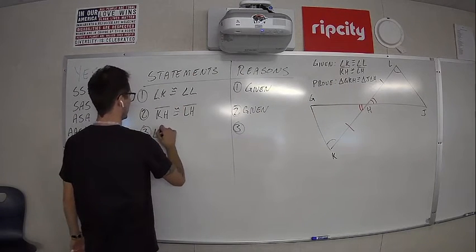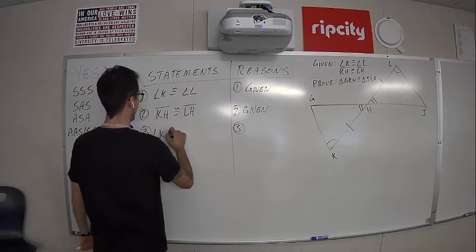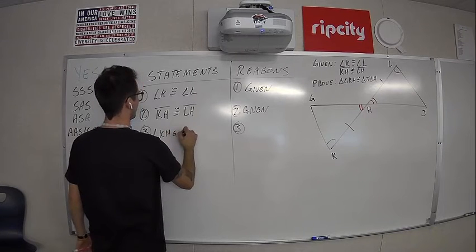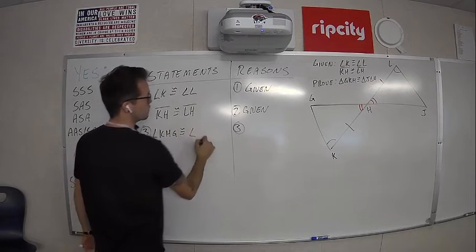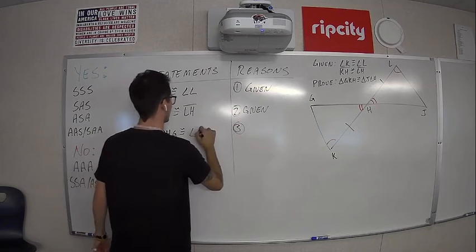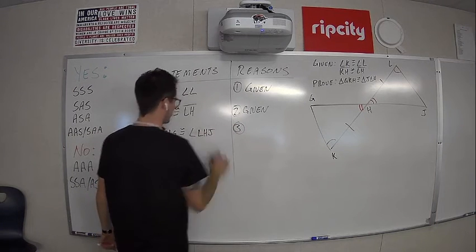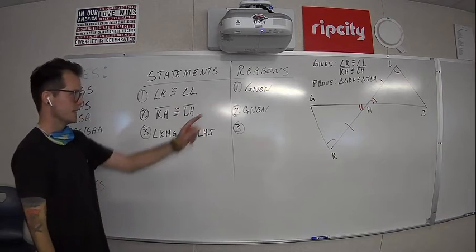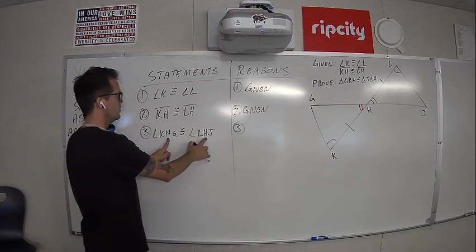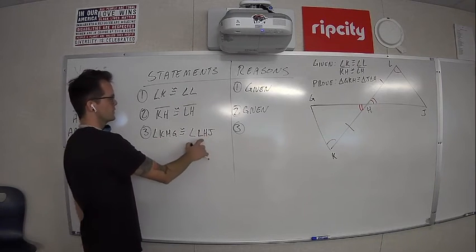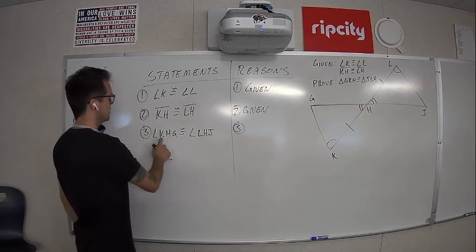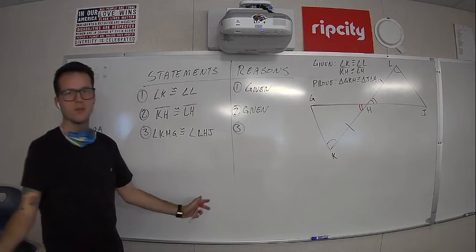So angle KHG is congruent to angle LHJ. The key thing here is that the vertex, in this case it's H, is in the middle of both of these. We could have written these backwards. This could have been angle JHL, and this could have been angle GHK. It doesn't matter, it means the same thing.